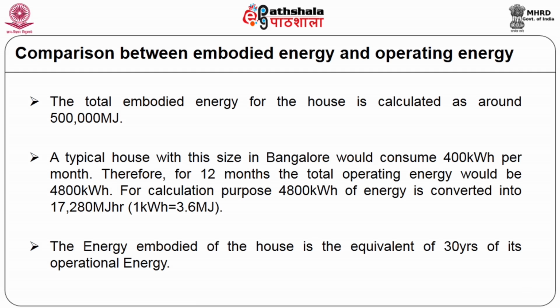The embodied energy of the house is equivalent to 30 years of operation energy. It will require around 30 years to achieve that embodied energy for a house, which means that if you break or demolish the building before 30 years, you have not even recovered the amount of energy that has gone into your house.